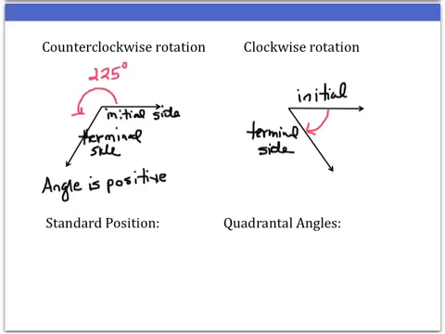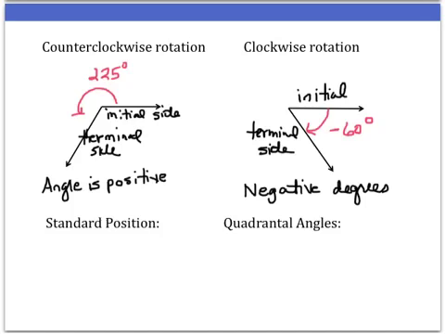When we do this, we have a negative measure, negative degrees. It's really about the direction that we measure our angle, and this one is about -60. So if we measure our angles counterclockwise, it's positive, and if we go clockwise, it's negative.